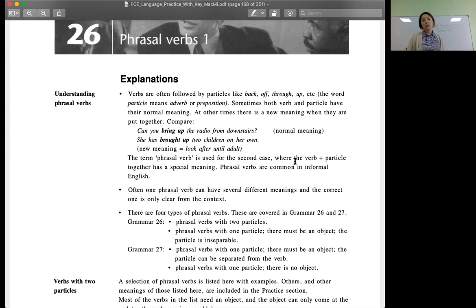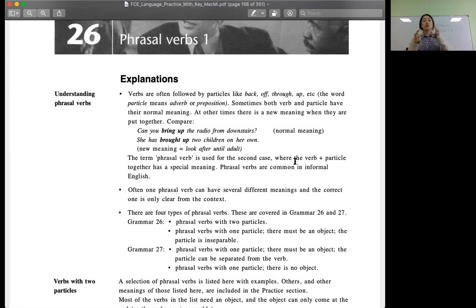Anyway, in this case, it's not a phrasal verb. It's just a verb plus preposition. See? But if you want to say things like, my parents brought me up on their own, or my mother brought me up on her own, bring up, in this case, turned into a phrasal verb.